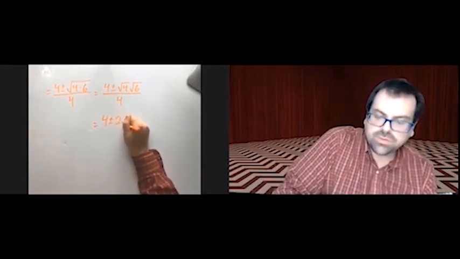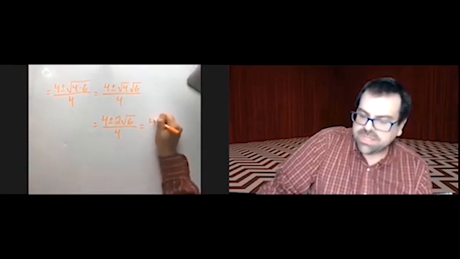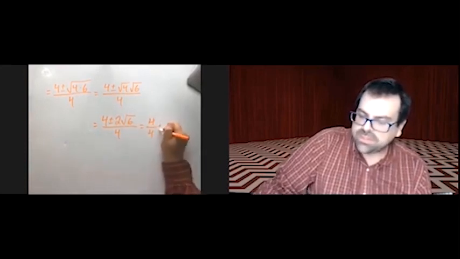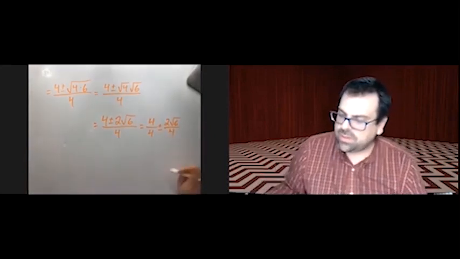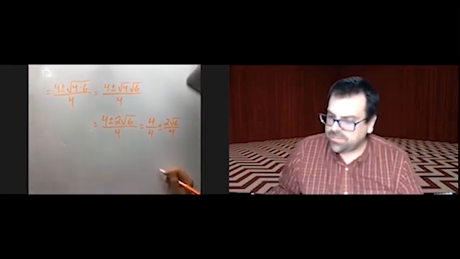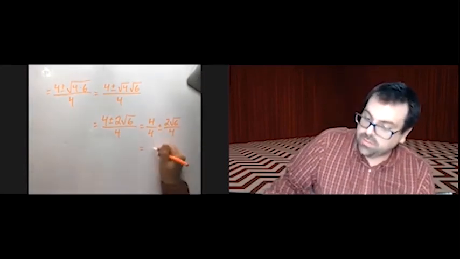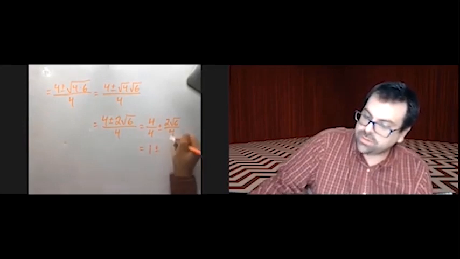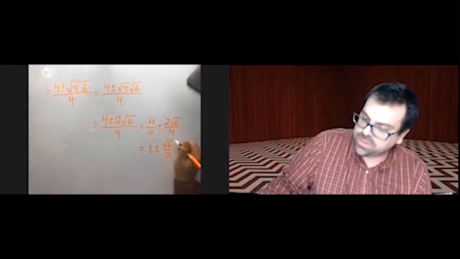Plus or minus 2 radical 6 all over 4, which can be split: 4 over 4 plus or minus 2 radical 6 over 4. 4 over 4 is 1. 2 over 4 is 1/2. Radical 6 over 2.